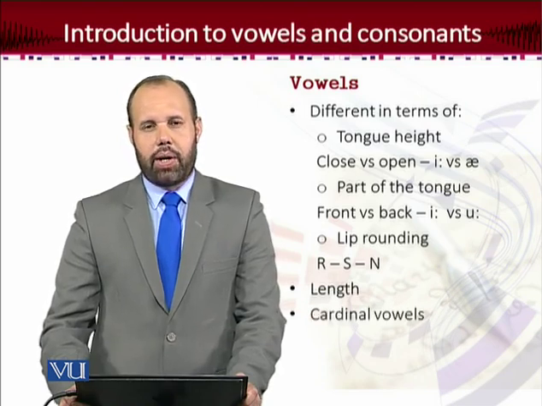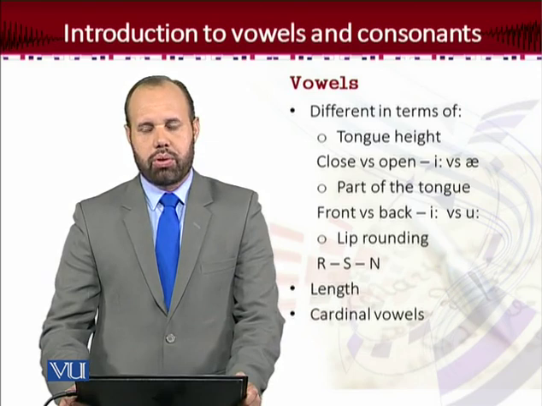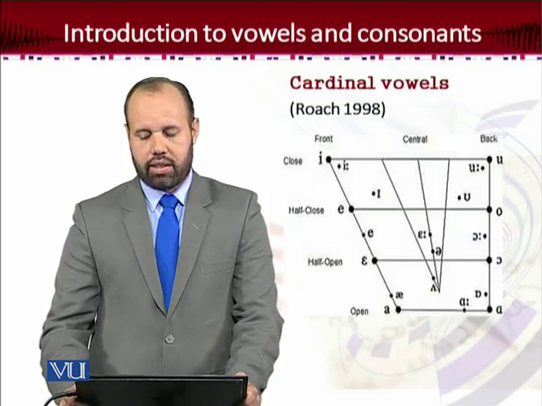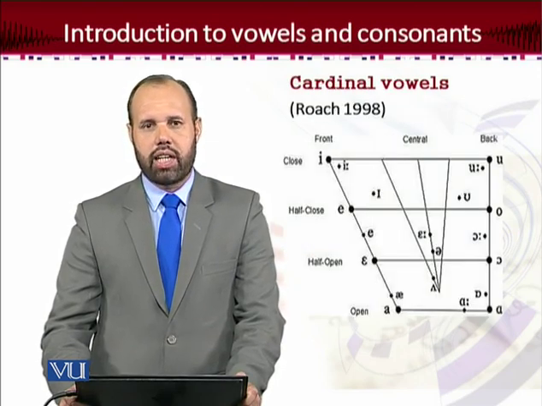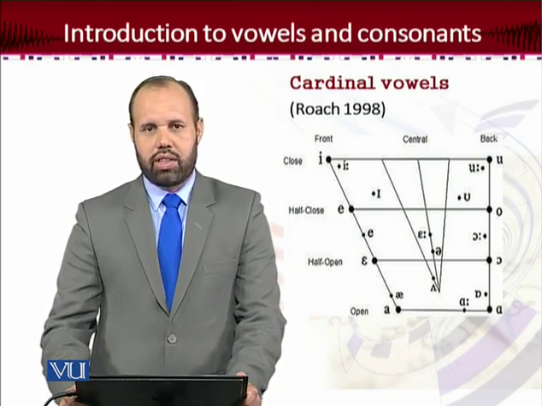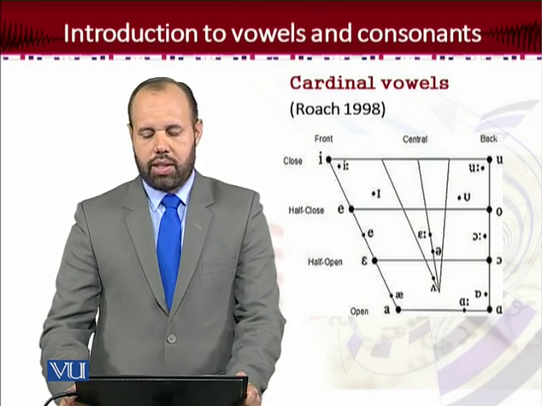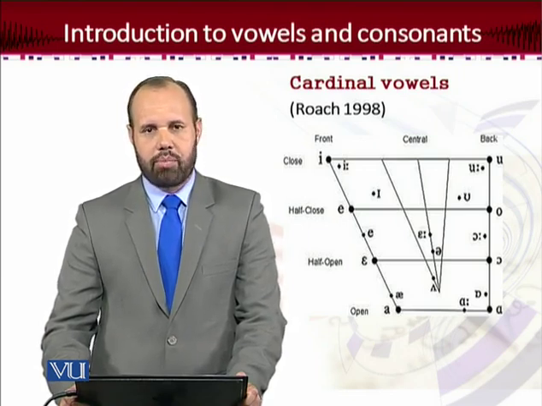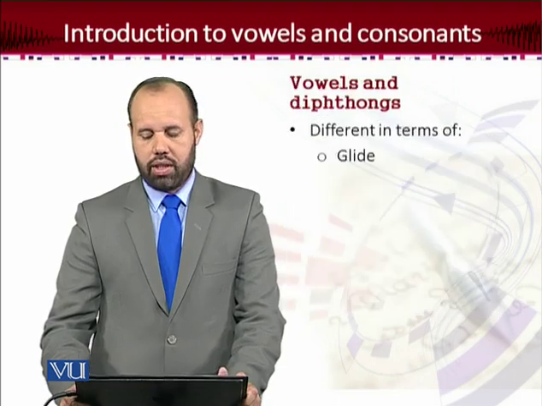And then there is one standard way to differentiate among vowels, and this is called the cardinal vowel system. It's a quadrilateral, right, which can tell us about the position of vowels. So later we will discuss this system, and we'll describe vowels with the help of it.